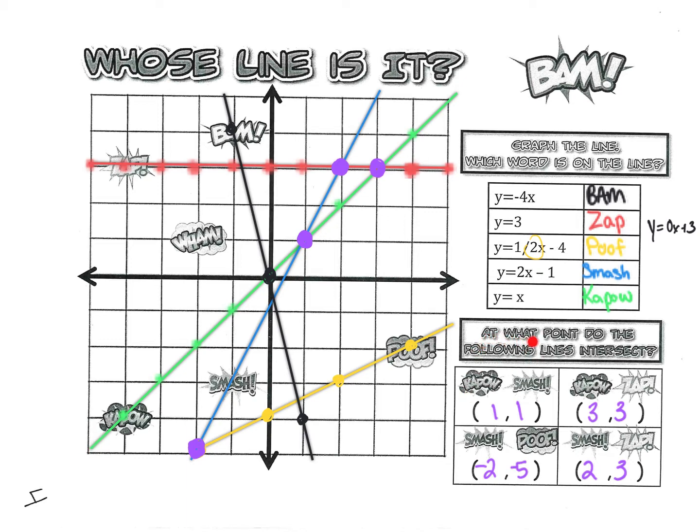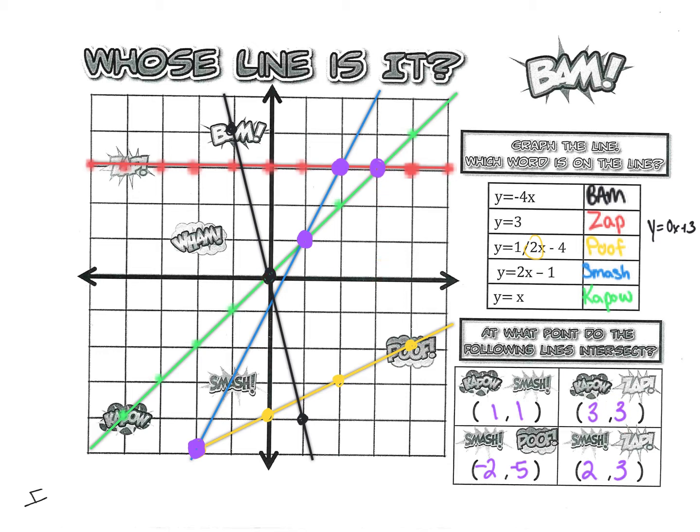Down here it says, at what point do the following lines intersect? If you go through, KAPOW is right here, and SMASH is right here. So you just go through until they intersect right there at (1, 1). Then you have KAPOW and ZAP, and you just go through until they intersect right there. And that would be (3, 3).